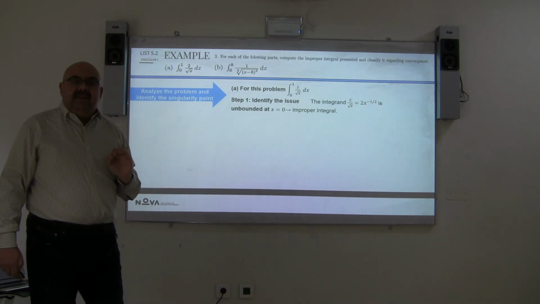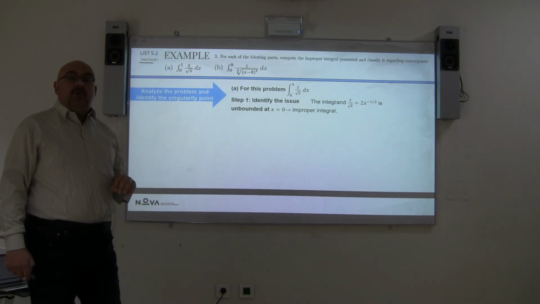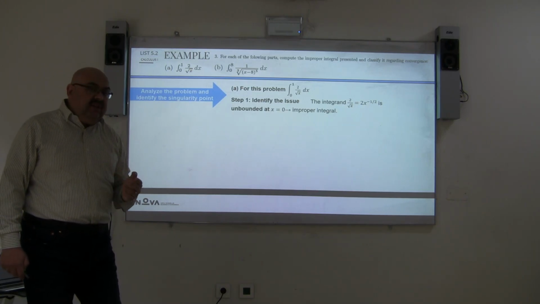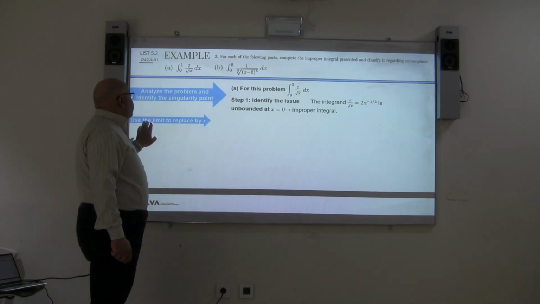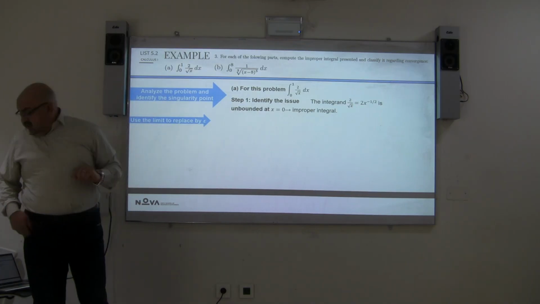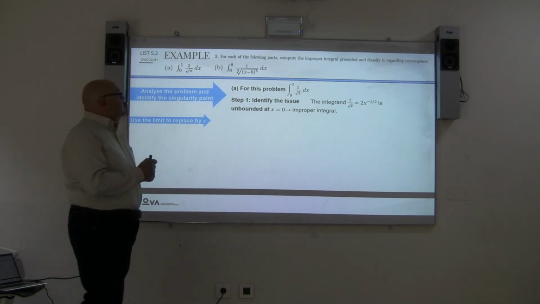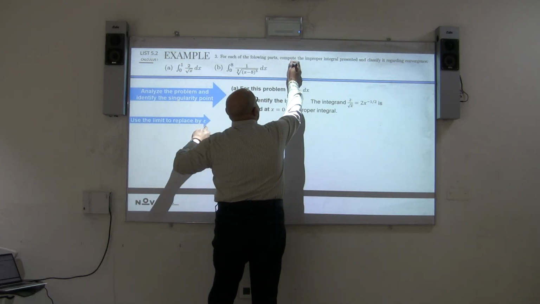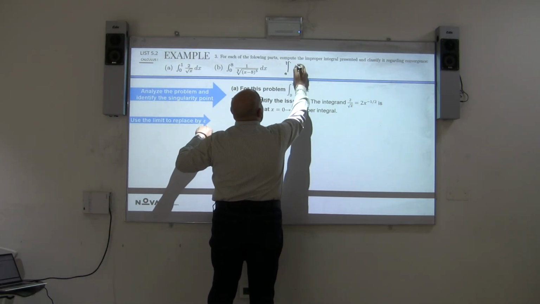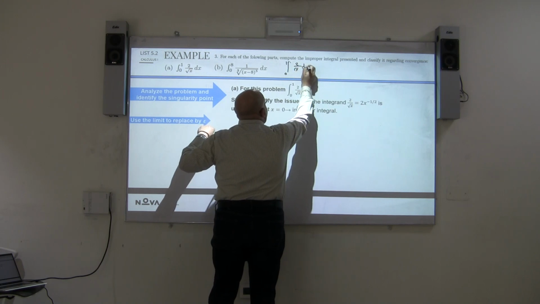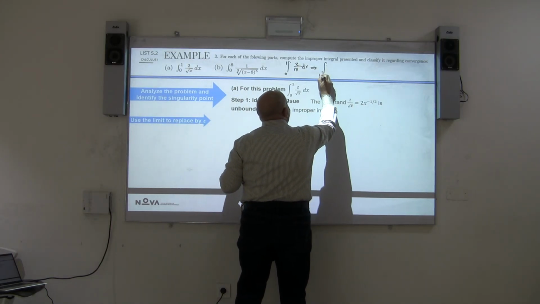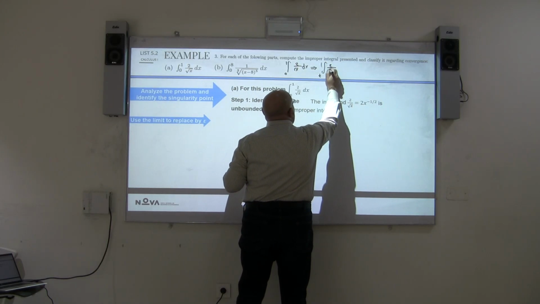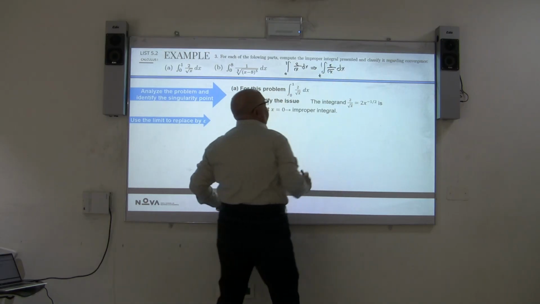I will replace this value, which will cause a problem for all of us, by some constant, like theta, like t, like whatever. So the second step, I will use a limit. I will rewrite this integration. As I told you, I usually like to use my limit. So instead of integrating from 0 to 1 of 2 over root of x dx, I will replace it to be the integration from t to 1 of 2 over the root of x with respect to dx.